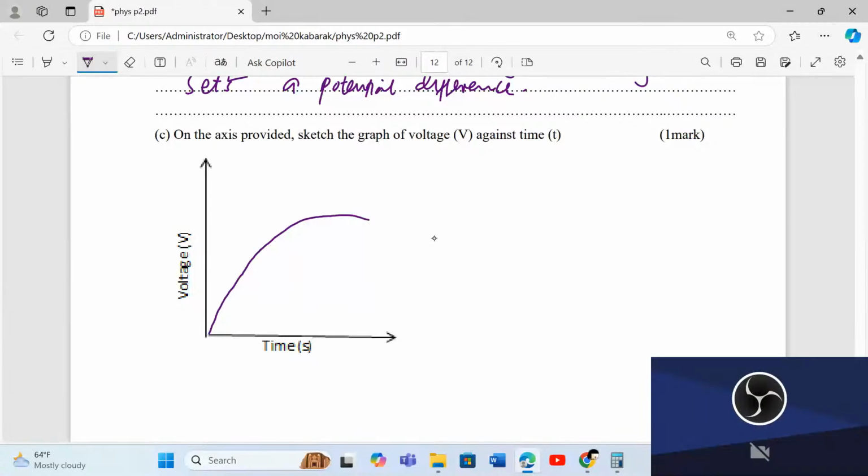Then we can say that it should come to a maximum of 4.5 volts. That marks the end of the paper.